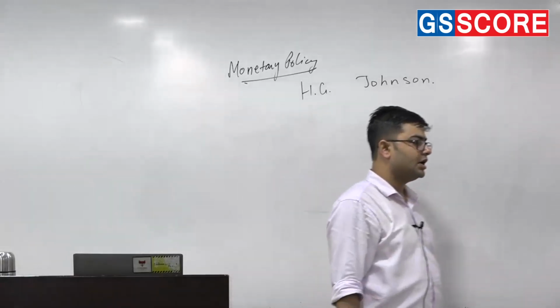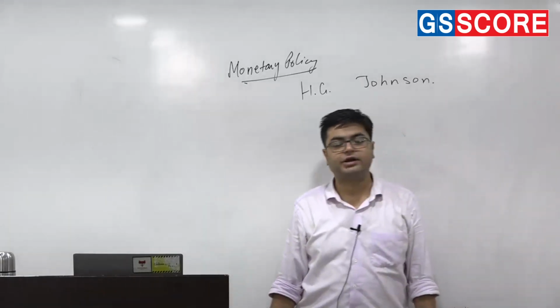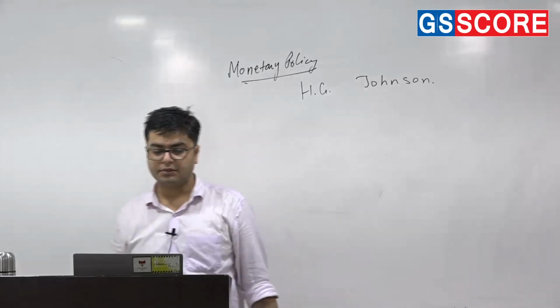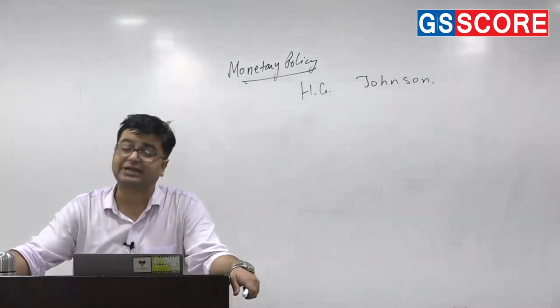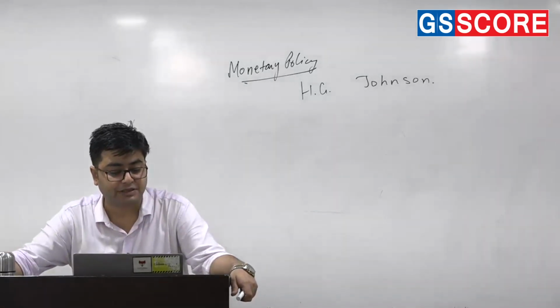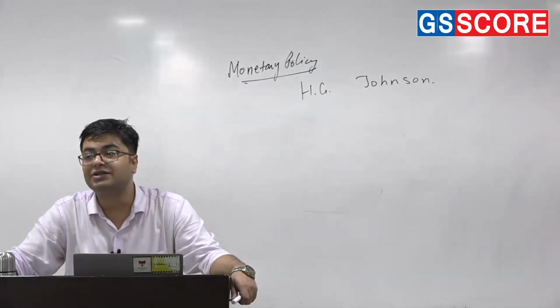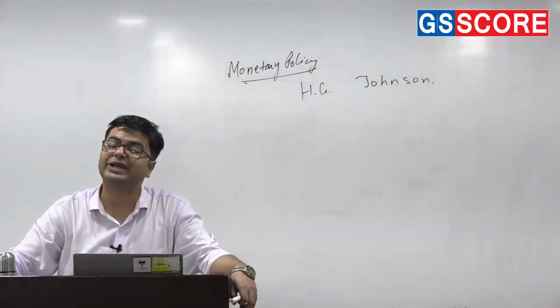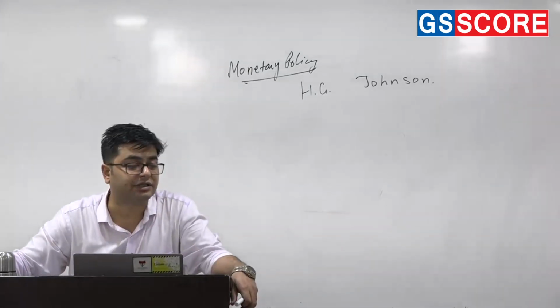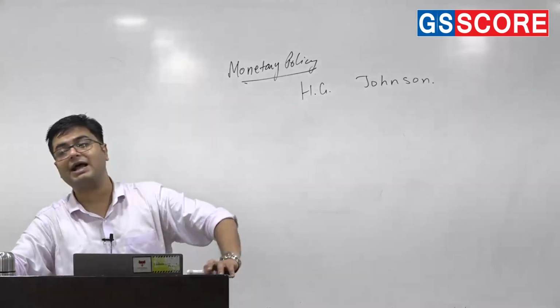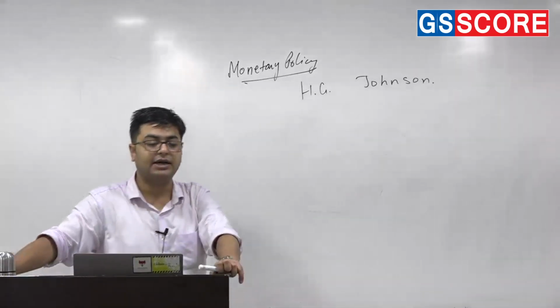Also, if you look at monetary policy, the purpose does not remain the same throughout. It changes. It has to be ecological. It has to be sensitive towards the environment, both national and international.